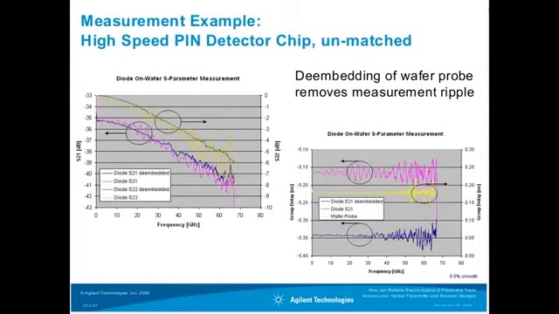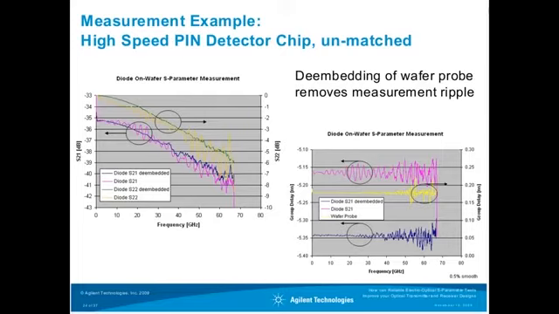This slide now shows the result of properly de-embedding the wafer probe, and it effectively removes the measurement ripple from such a measurement. This is a very high-speed photodetector, and here you see the return loss measurement. It's unmatched, therefore the return loss is basically 0 at low frequencies.